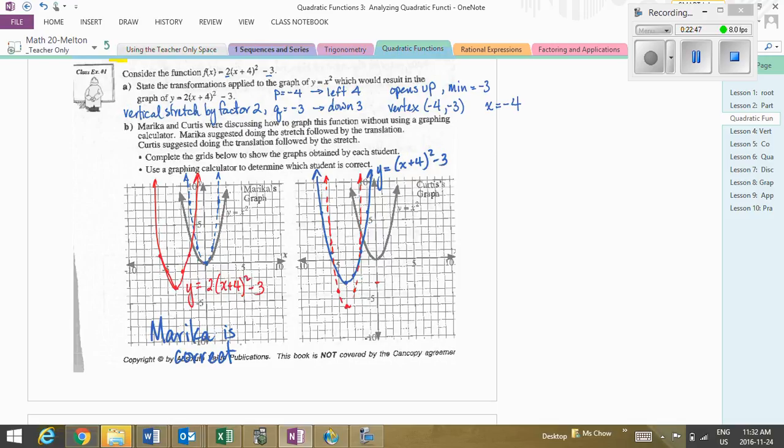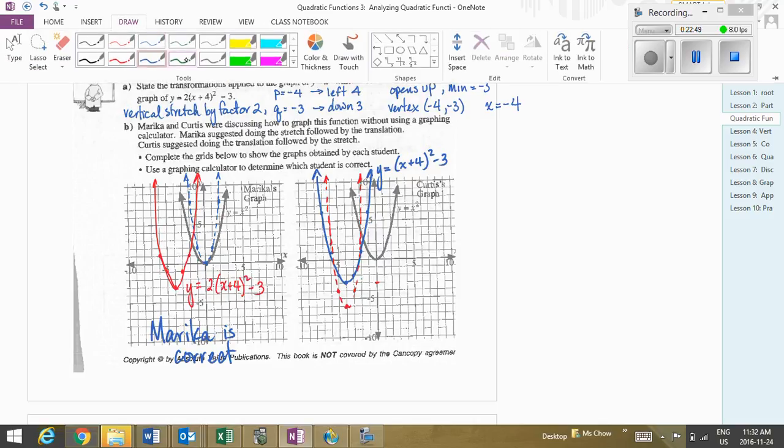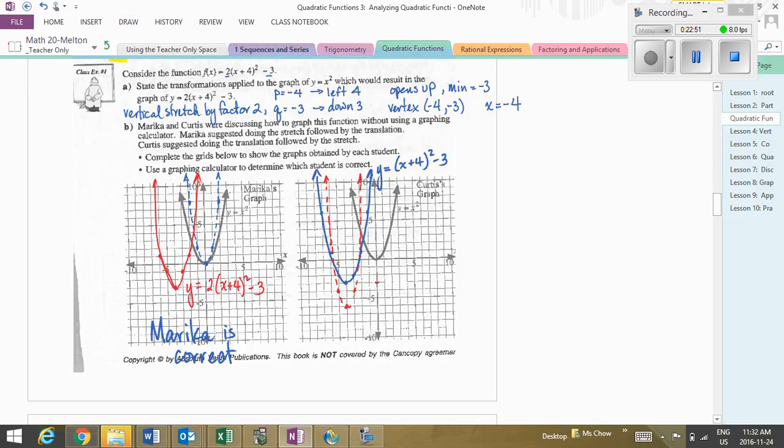So if I went from Curtis's and we moved the vertex and the vertex stayed fixed, then we said, okay, I'm stretching this by a factor of 2, then I'll go over 1, up 2, over 2, instead of up 4, I'll go up 8, then Curtis would be fine. But if we're doing it algebraically, we have to stretch it first. Okay, so I'll just make a note of that here for you guys.